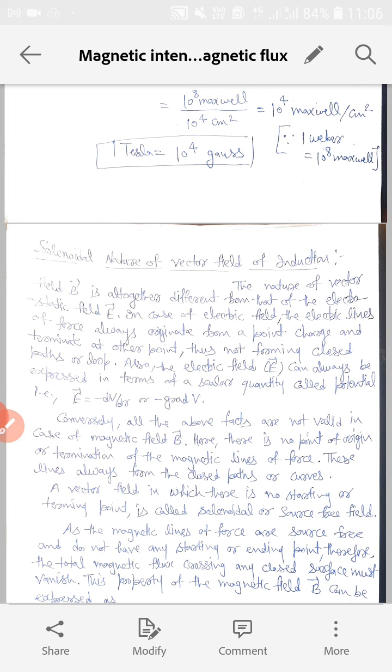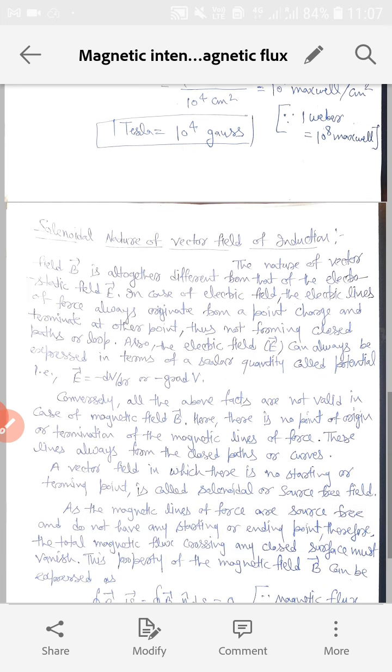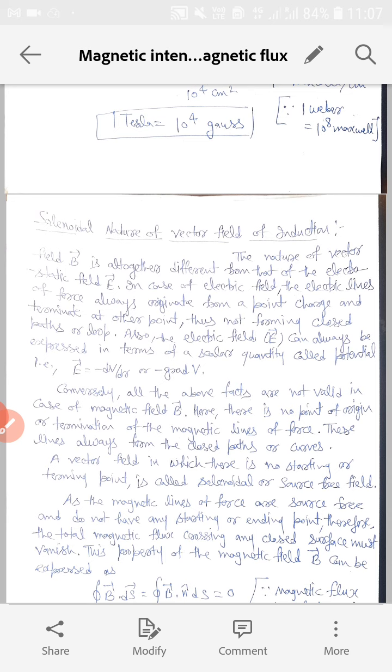As the magnetic lines of force are source free and do not have any starting or ending point, the total magnetic flux crossing any closed surface must vanish. If we take any area and want to calculate the total magnetic flux crossing it, the total number of field lines entering and the total number of field lines going out will be the same. So the total magnetic flux crossing any closed surface must be zero.